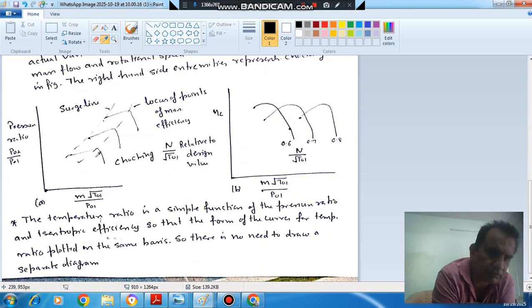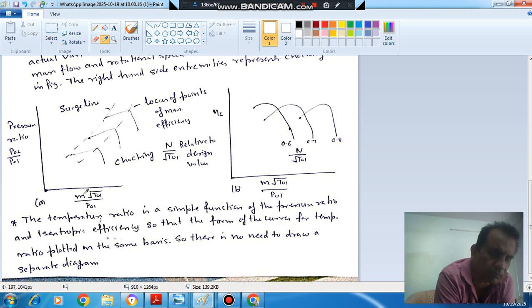So this is about pressure ratio versus non-dimensional mass flow rate for a constant speed. The temperature ratio will also have the same type of curve, so we will not draw this. The temperature ratio is a simple function of pressure ratio and isentropic efficiency, so the curve for temperature ratio has the same form, and there is no need to draw a separate diagram.